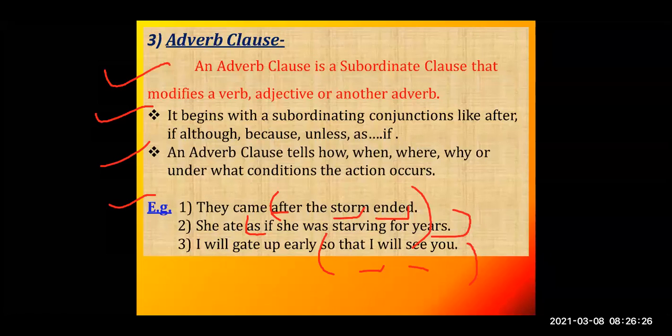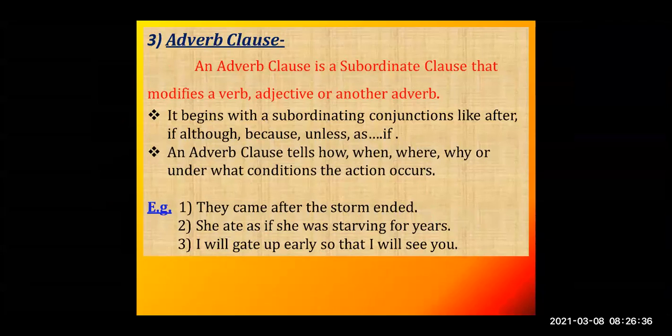Okay. So here we have seen the adverb clause: it is a subordinate clause which modifies a verb, adjective, or another adverb, and it begins with subordinating conjunctions like after, if, although, because, unless, as if, and it tells how, when, where, why, or under what conditions the action occurs.